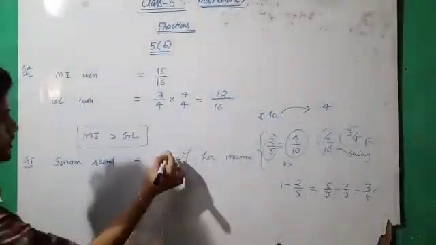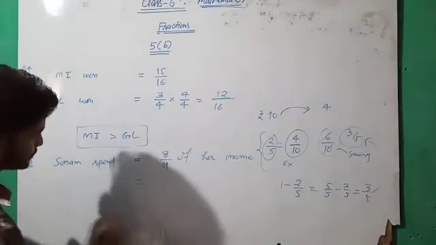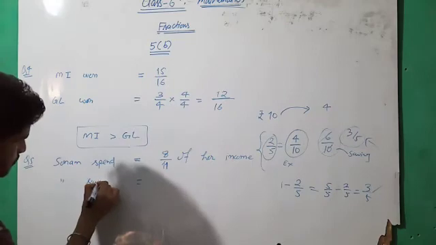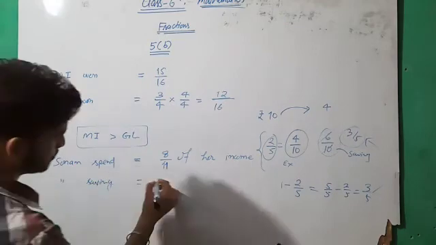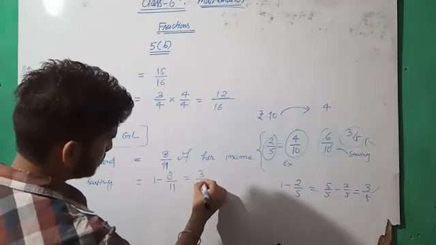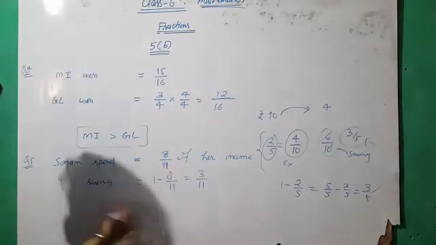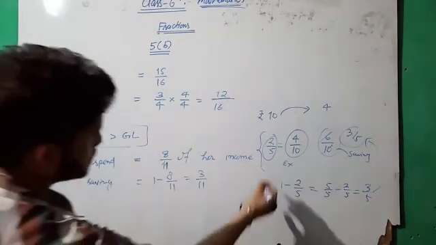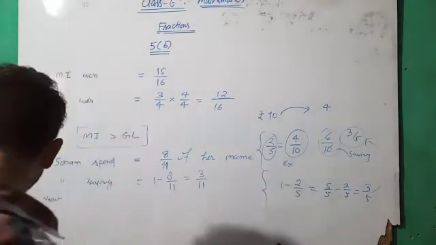Similarly, we can find out the savings of Sonam. So first of all, we have to find out the savings of Sonam. That is 1 minus 8 by 11. 11 minus 8, that is 3 by 11. Now, this is just for example.